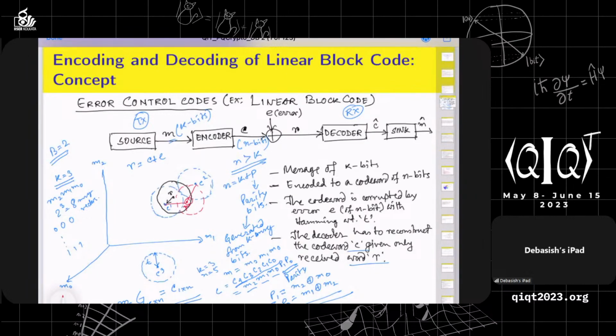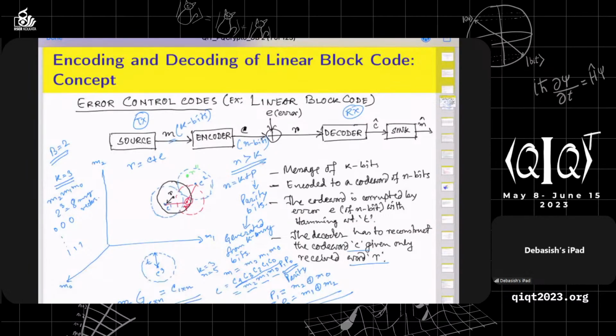Fine. So there is always a limit. If my error is too much, so that R resides outside of every code word sphere, then I can't decode. Another case may happen. Suppose R was actually related to C1, but due to a huge error, R came inside the circle of C2. Though the actual code word was C1, due to the huge error it came inside the circle of C2.